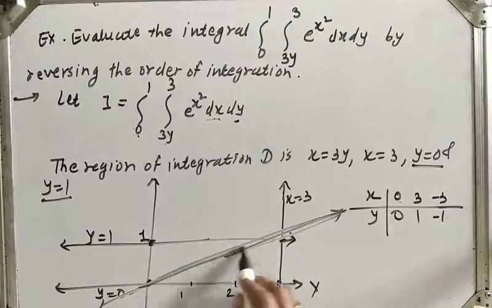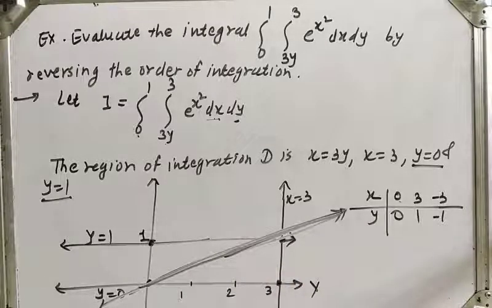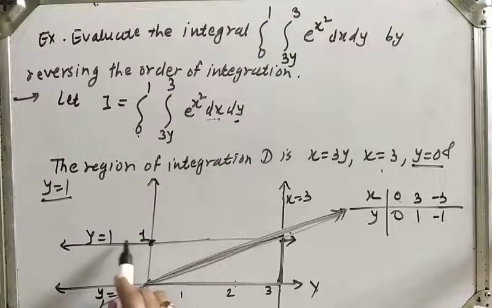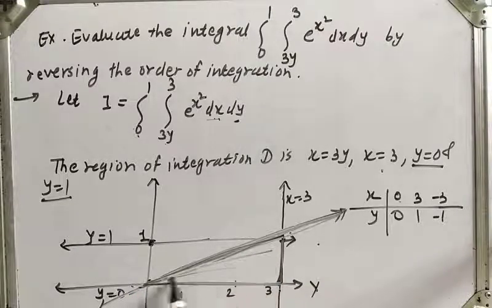So what is our region of integration? Region of integration is this region. This is the boundary. So that is y is equal to 0, y is equal to 1, x is equal to 3 and x is equal to 3y. This is our region of integration, this part.